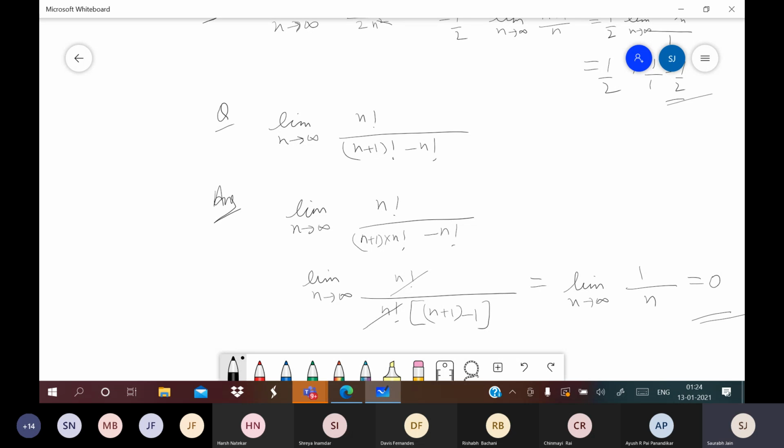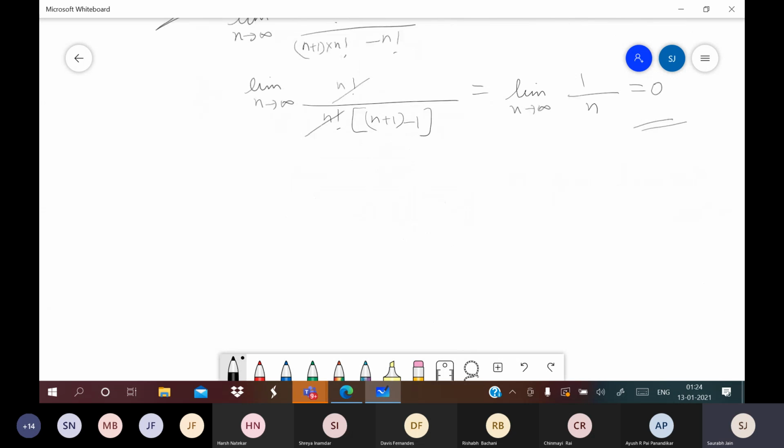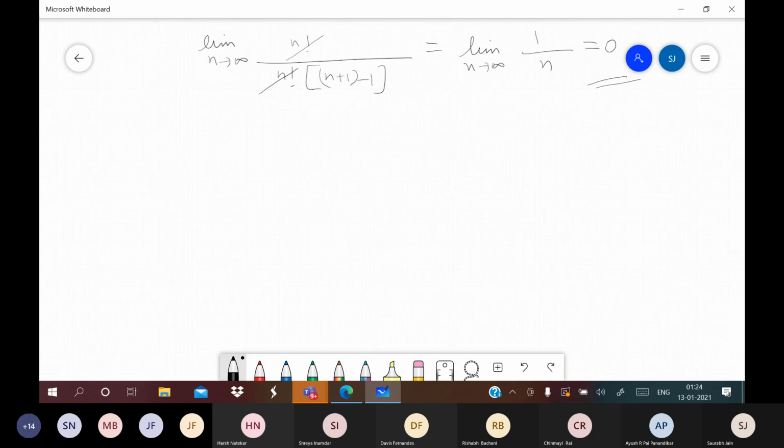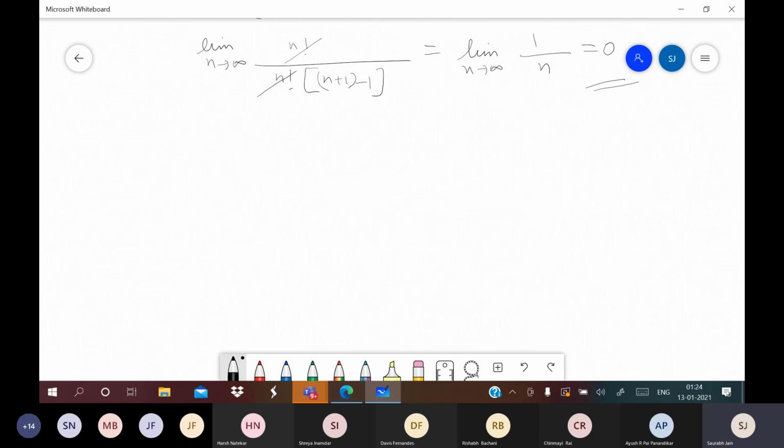Then finally we come to the last type of methods of evaluating the limit, but they are very important. Standard formulae. Some standard formulae. First, let me write all of these, then I will discuss.